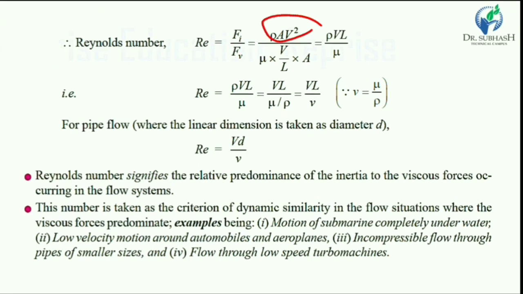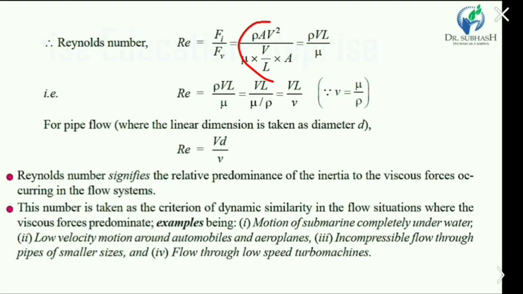Inertia force is rho A V square and viscous force is mu into velocity upon L into area. Now velocity and velocity cancel, L goes to the upside, and area also cancels.